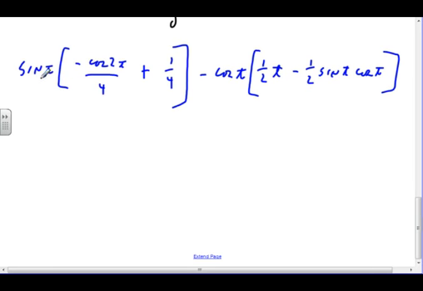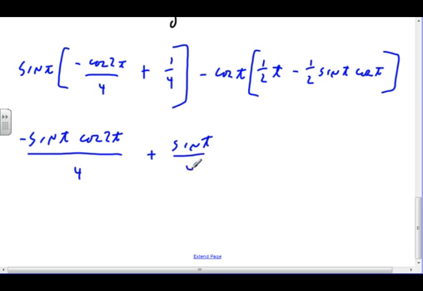Okay, so now I got sine t minus sine t cosine 2t divided by 4 plus sine t divided by 4 minus 1/2 t cosine t plus 1/2 sine t cosine squared t.